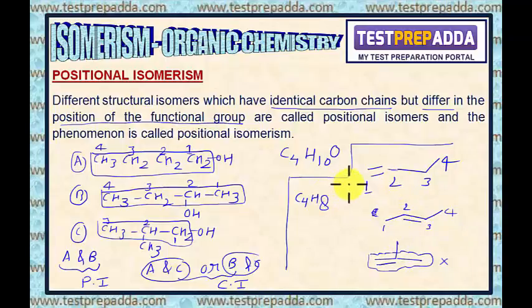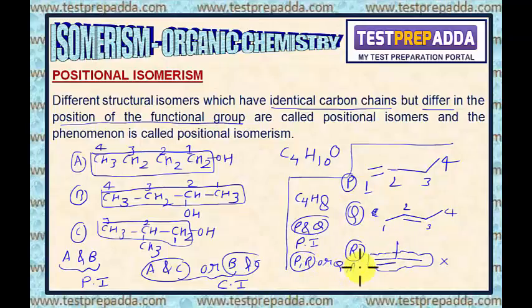So if I name these compounds as P, Q, R, then compound P and Q will be the positional isomers, and PR, or I say QR, these two will be the chain isomers. Chain isomers.